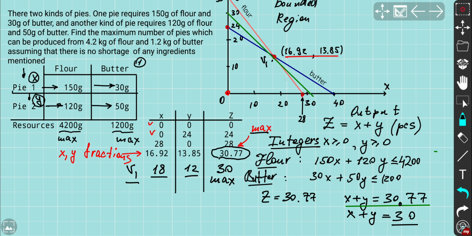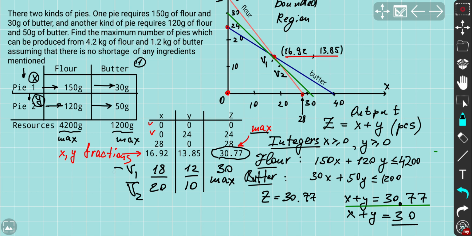So there is another point, 20 and 10, that's actually here. That's V2. So x works as 20 and y works as 10. That's vertex 2. It's not actually the vertex, but that's an integer point within the region.